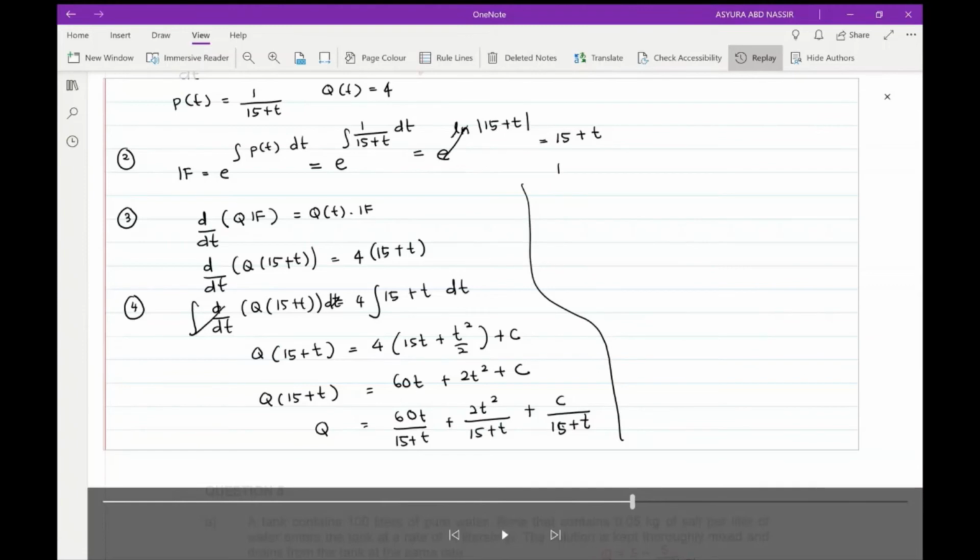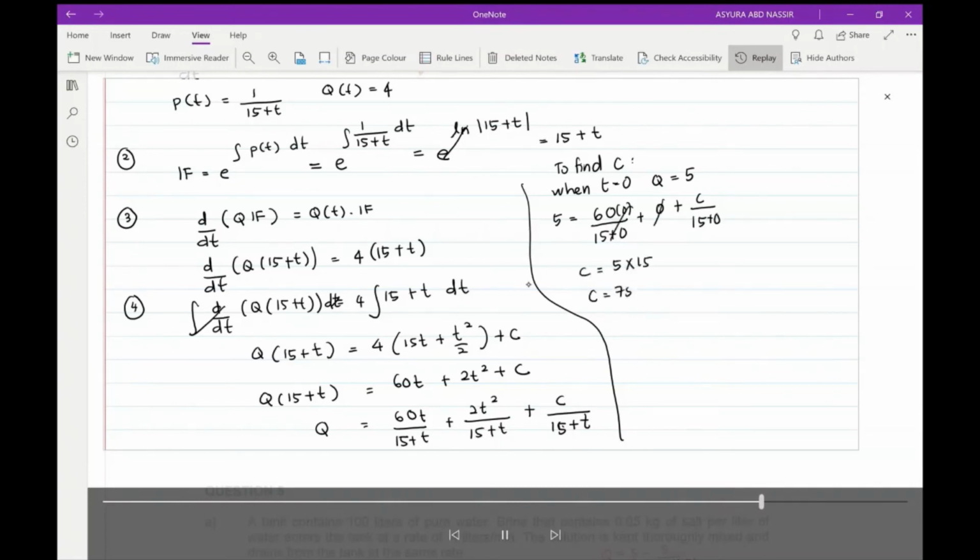Next step is to find the value of C by using Q naught. To find C, when t is 0, Q is 5. Substitute in your formula and you will get the value of C equals 75. Just substitute in the formula.